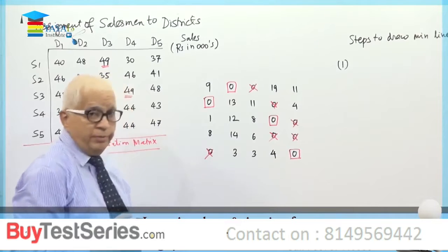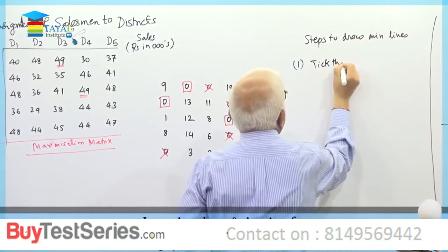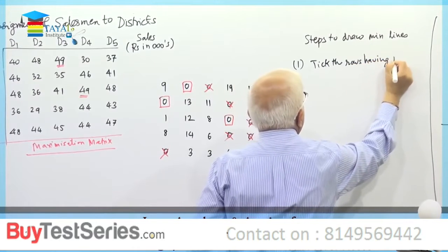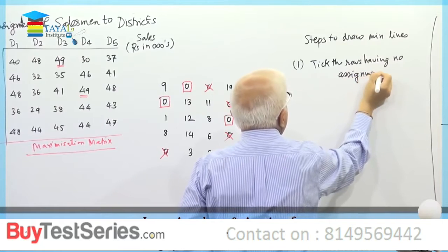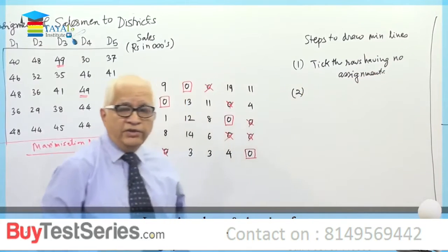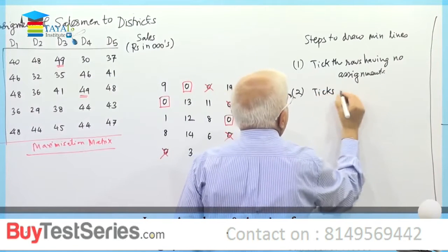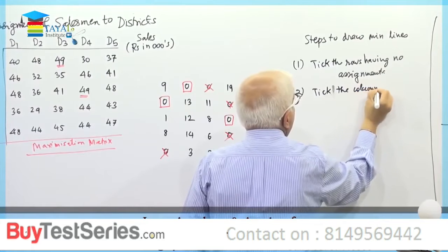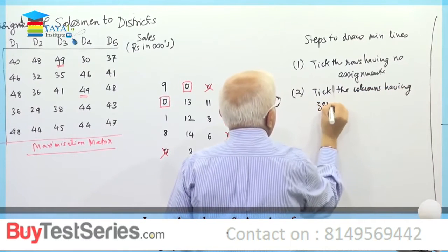Okay. Step number 1, tick the rows having no assignment. Next step, I'll write the steps first and then explain. Tick the columns having zeros.